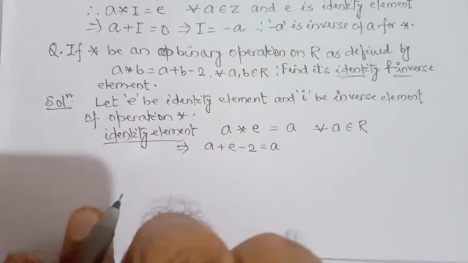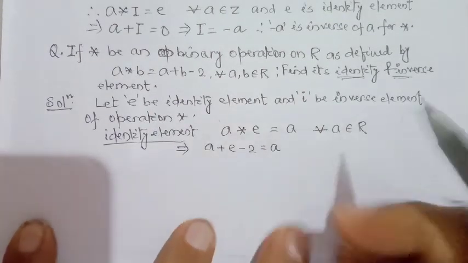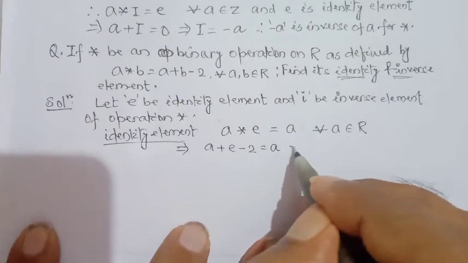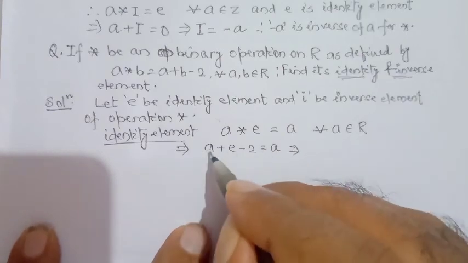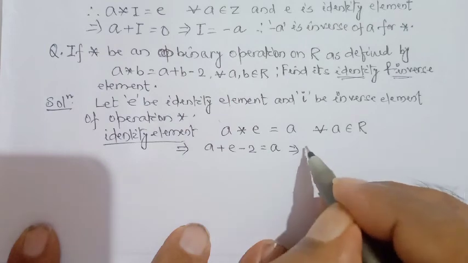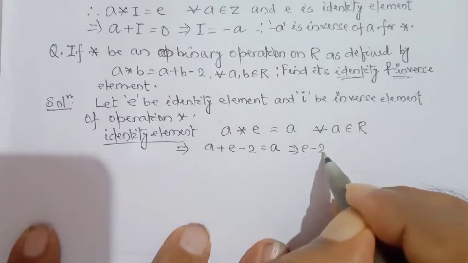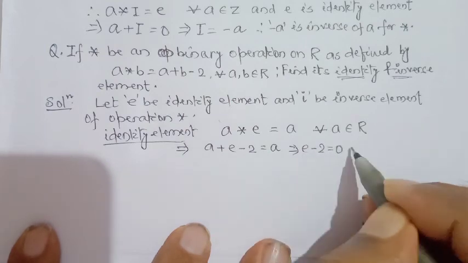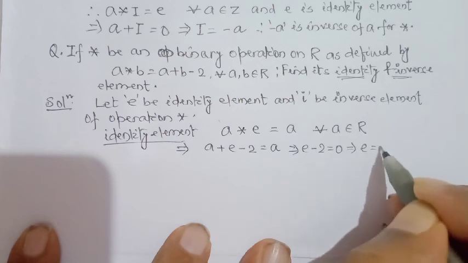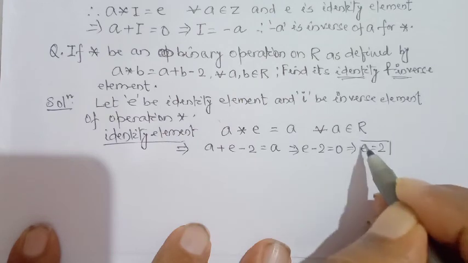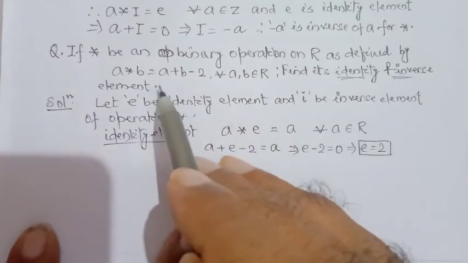A and A cancel. It becomes E minus 2 equal to 0. Hence E is equal to 2. This is the identity element for this operation.